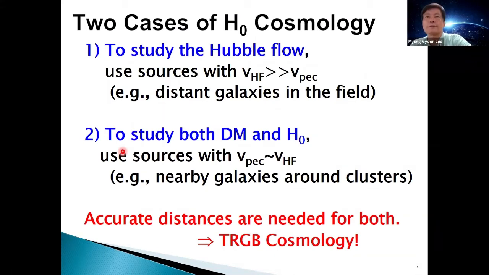And the second one is to study not only the Hubble constant, but also the dark matter distribution. For this purpose, you can use sources with peculiar velocities larger than or comparable to Hubble flow. For example, nearby galaxies around clusters are very useful targets for this goal. So accurate distances are needed for both of these goals, which can be done by TRGB cosmology.